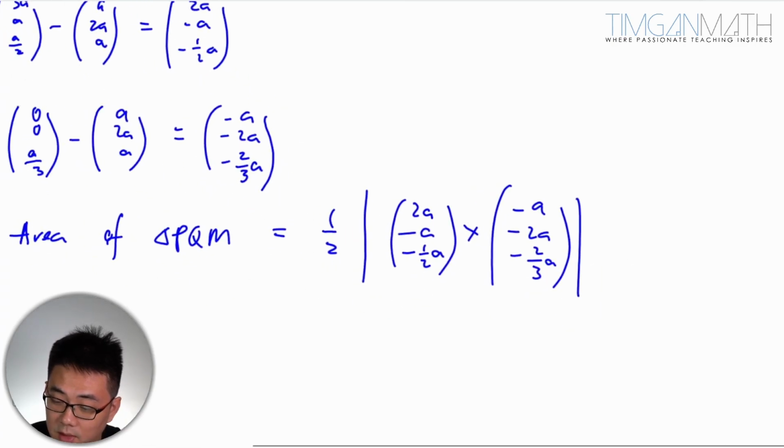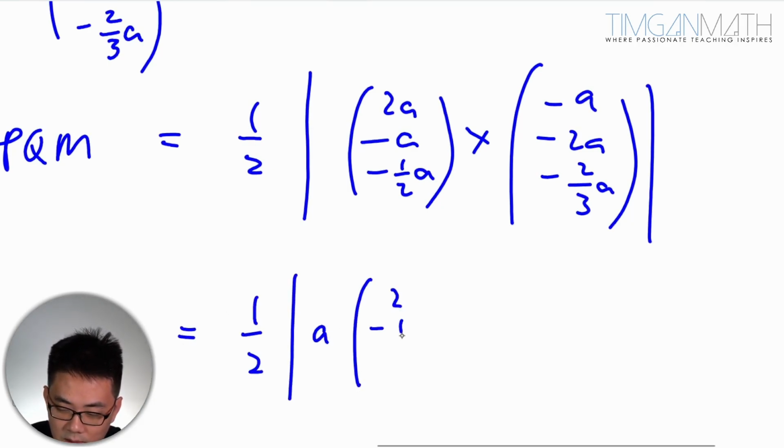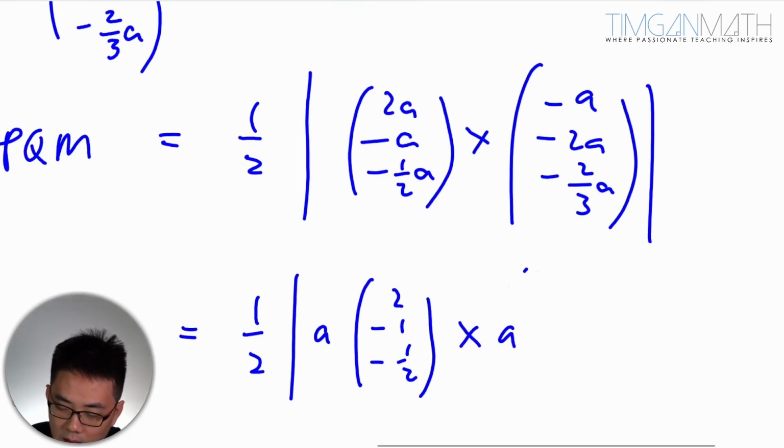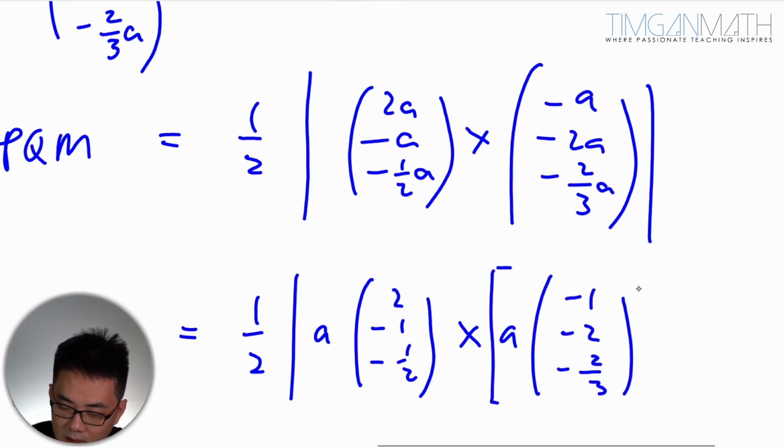So you can actually just change all this to positive. But what I'm going to do is factorize the a out, because a is very annoying. So let's say this is a. A is a constant, right? So there you go. And this will just be a as well. Okay, as such.